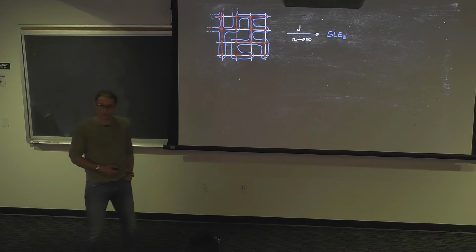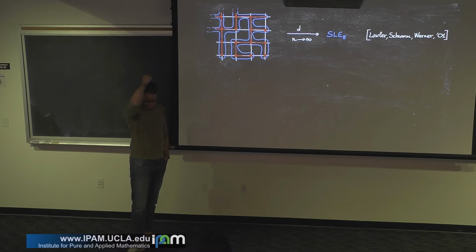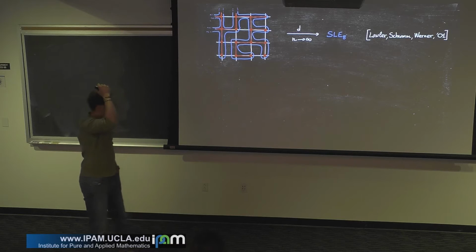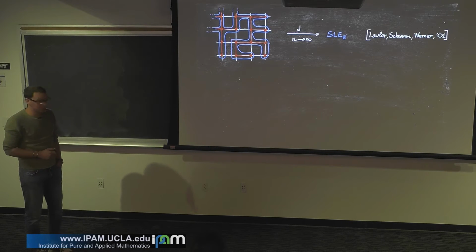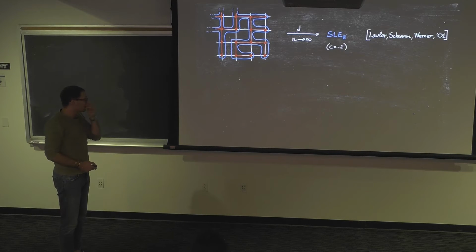So it's a random space-filling curve. This has been proved by Lawler, Schramm, and Werner. This is the second player in the game, this space-filling curve that you see here. And the central charge, if you want, is -2.